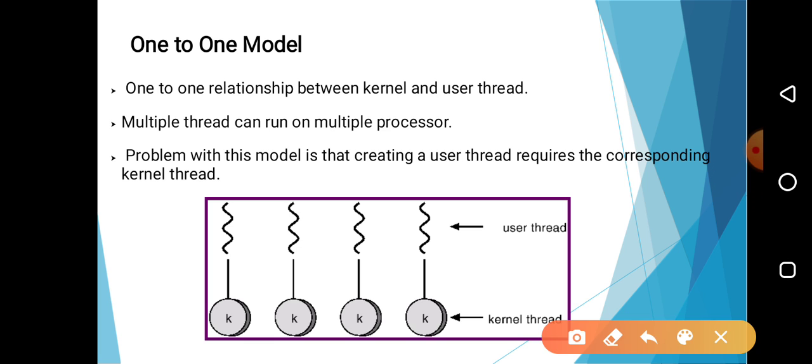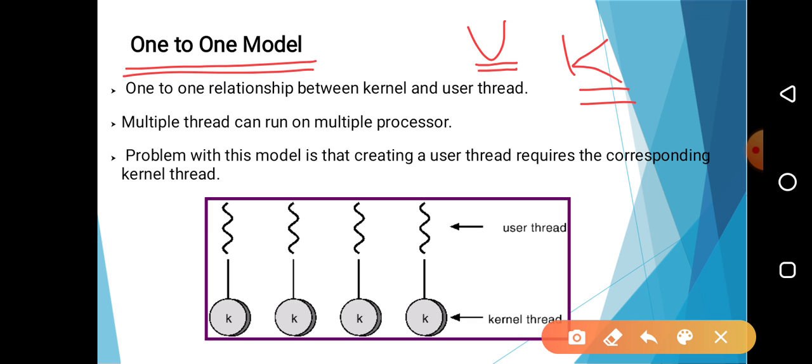First of all, we will talk about the one-to-one model. Students, keep in mind UK, otherwise you will get confused about the multi-threading models. U stands for user level thread and K stands for kernel level thread. Now, in case of the one-to-one model, UK means one user level thread is connected to one kernel level thread.